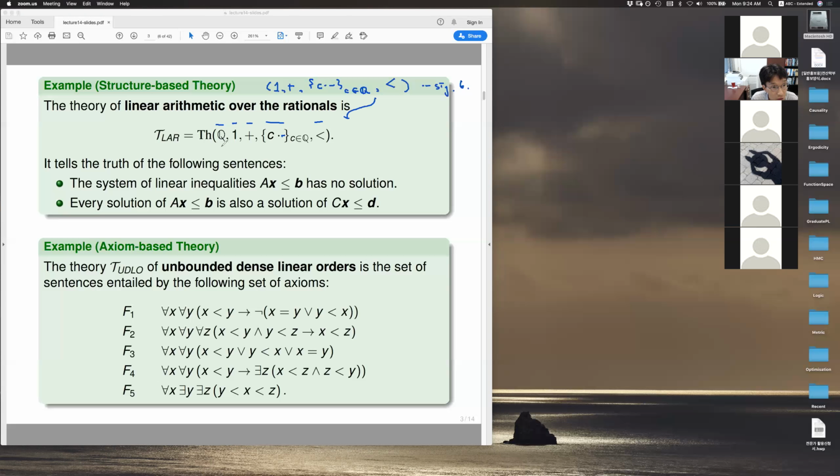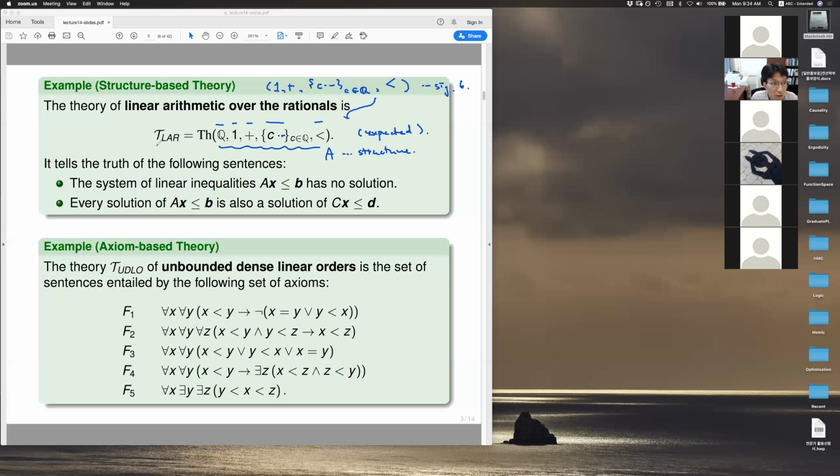This is the specific signature and structure A, the structure you would expect. And then we are thinking about the theory generated by this structure. In other words, we are collecting all the sentences that are true in A, all the first-order logic sentences that are true over the rational numbers that you normally know, the usual rational numbers.